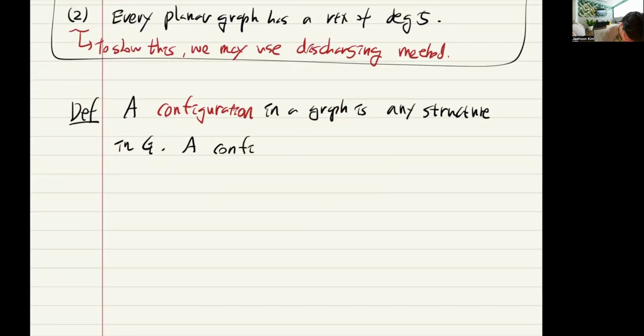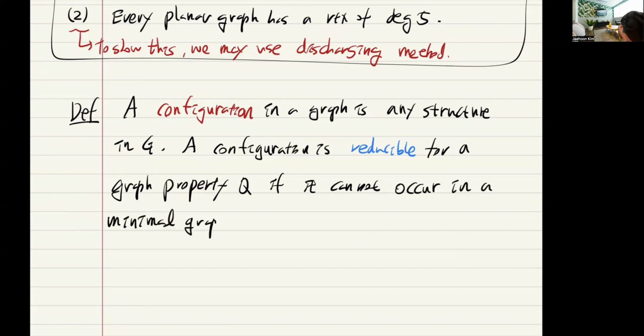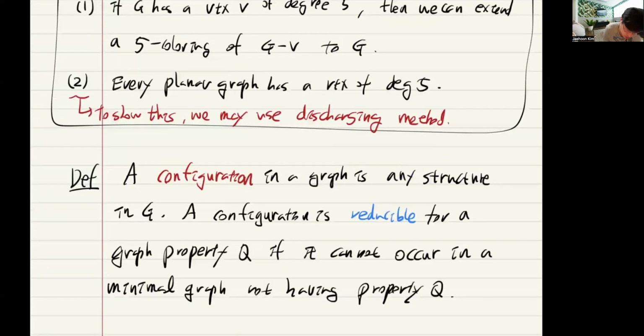And we say that this configuration is reducible for a graph property Q if it cannot occur in a minimal graph not having property Q.